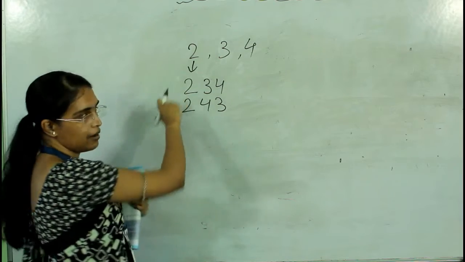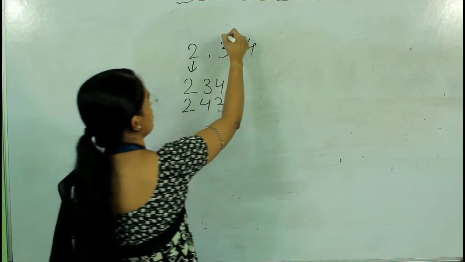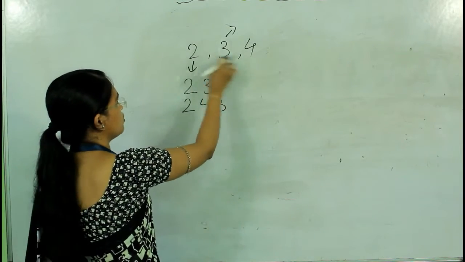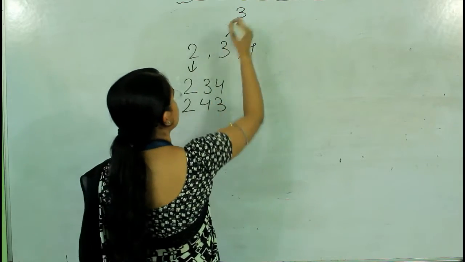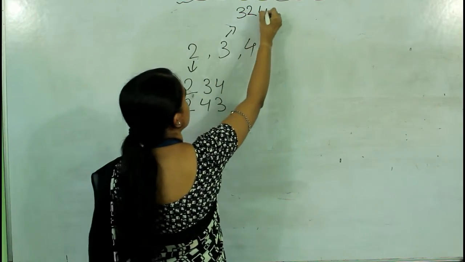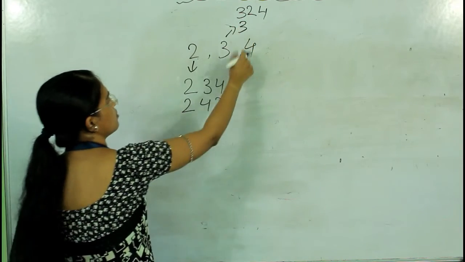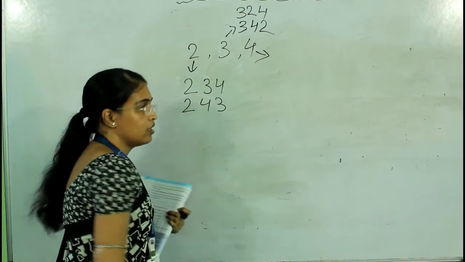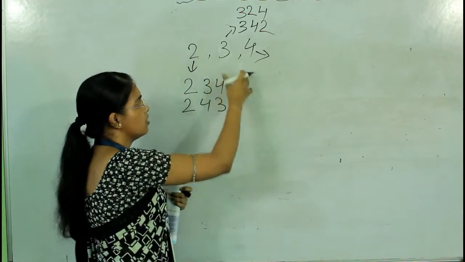I can make 2 numbers with the help of this 2. Then with this 3 I can make another 2 numbers. If I take 3 first, then 2, then 4, it is 324, then 342. In this way, you can make 2 different numbers with each digit.